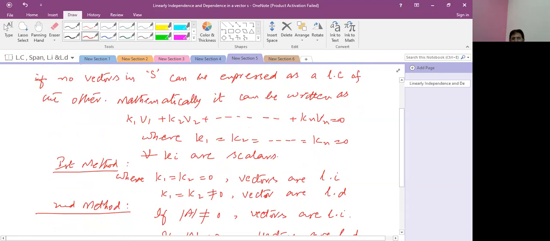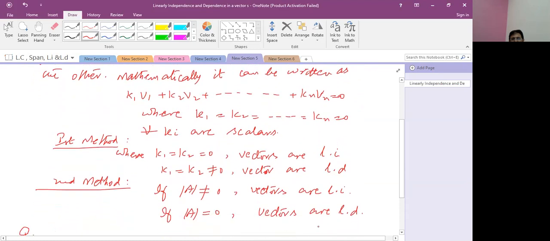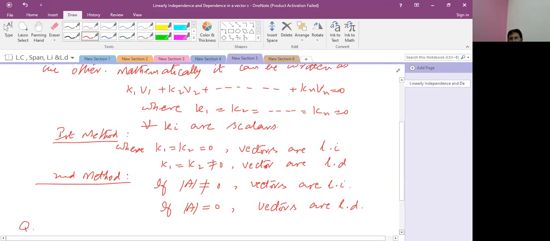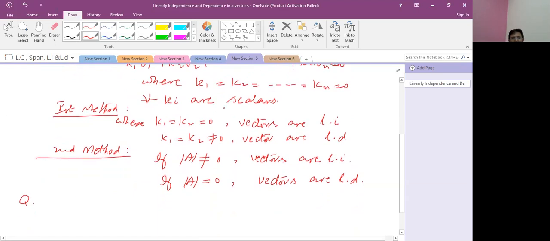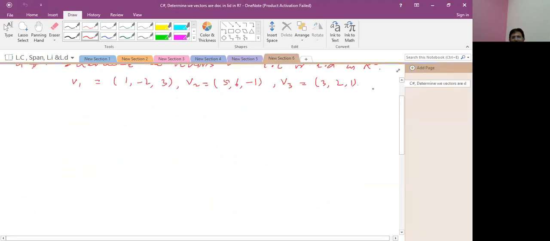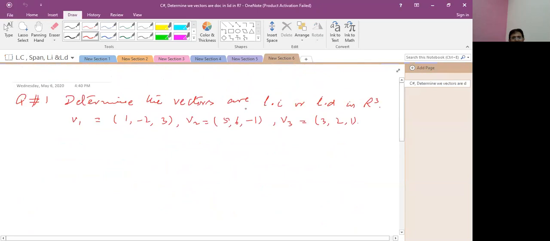Now the second method: find the coefficient matrix, and if the determinant value of the matrix is not equal to 0, the vectors are linearly independent. If the determinant of A equals 0, the vectors are linearly dependent. So we will consider applications. The question is: are the given vectors linearly dependent in R cube? So start now, student.